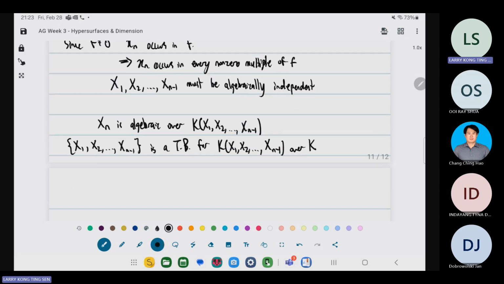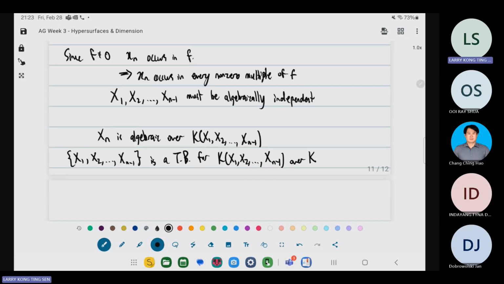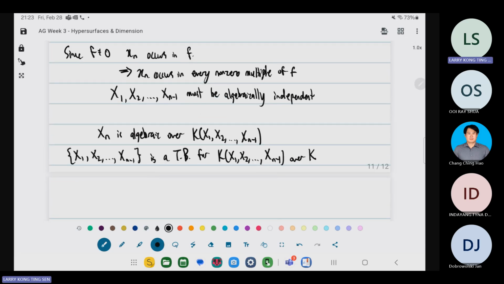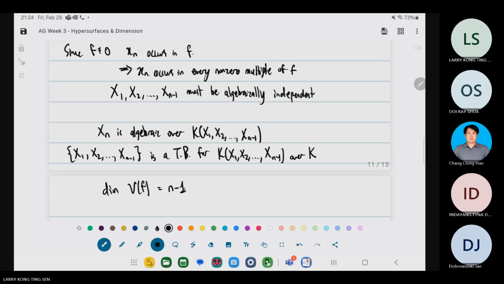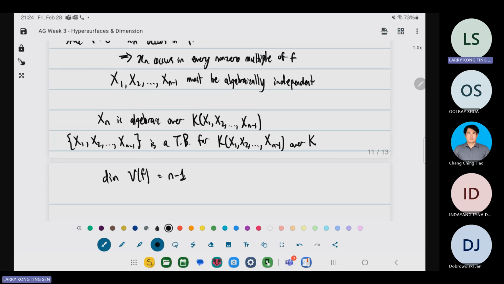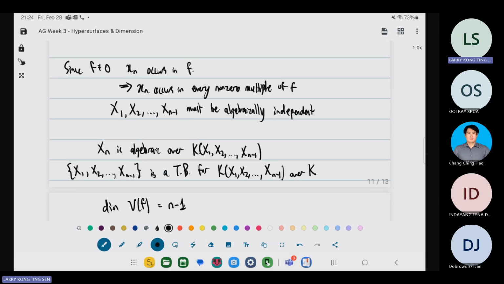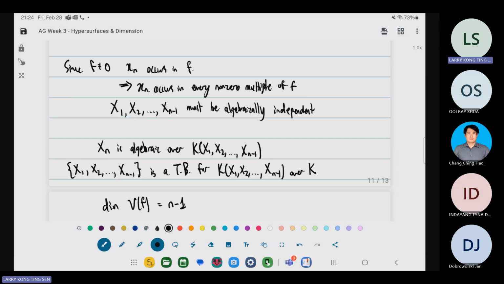And by this transcendence degree result, this says that the dimension of this hypersphere is n minus 1. Okay, so we have answered that the dimension of the hypersphere is n minus 1.